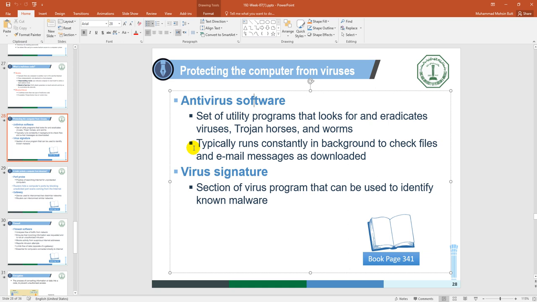These antivirus softwares will scan your computer system and compare those signatures with the files inside your computer system, and if there is a match, they will notify you that that particular file is infected by that virus. So they can help you identify and also remove those particular malwares from the computer system.